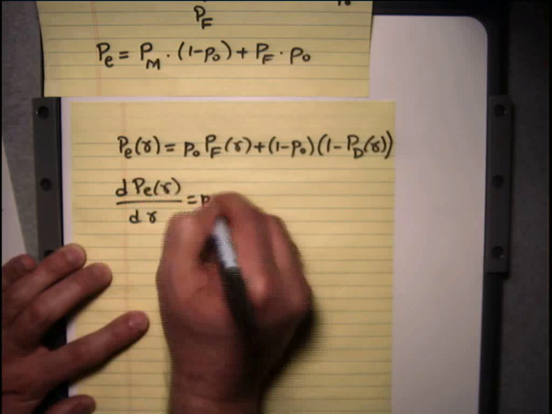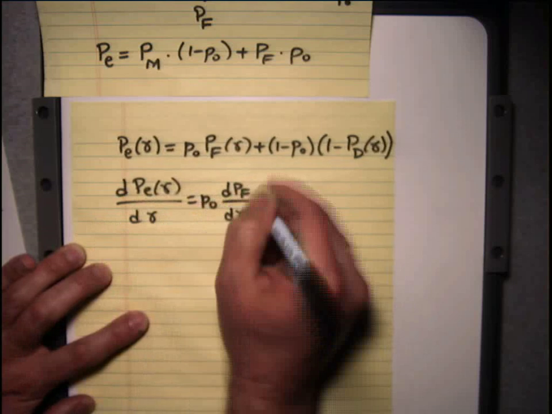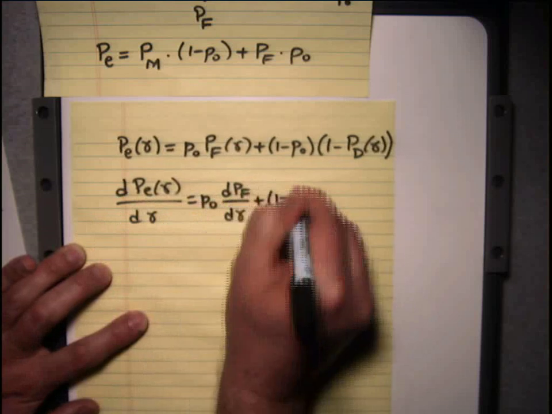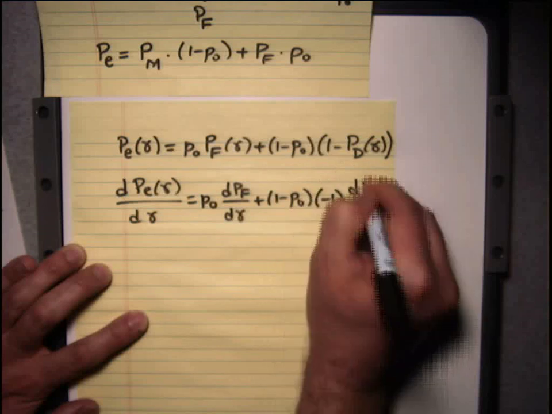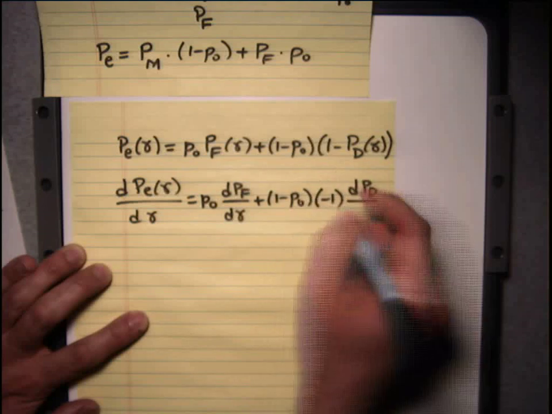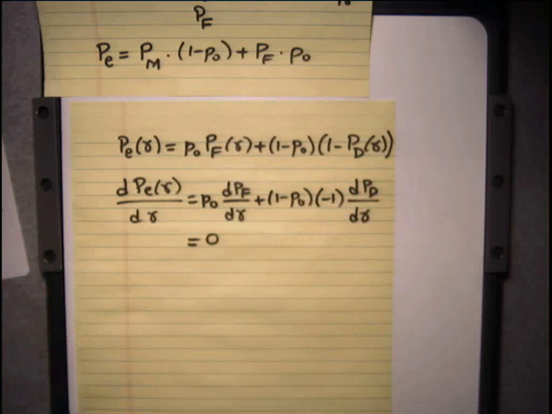This is P0 times dPf/dgamma plus 1 minus P0 times minus 1 times dPd/dgamma. And I set this equal to 0. Then you simplify.